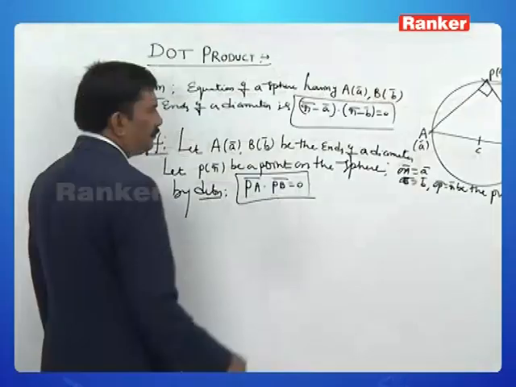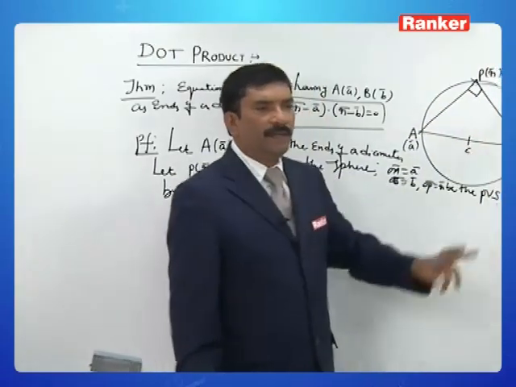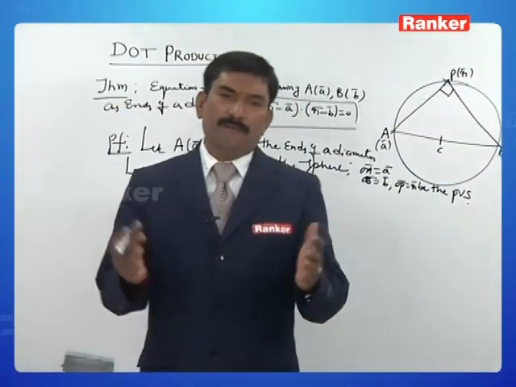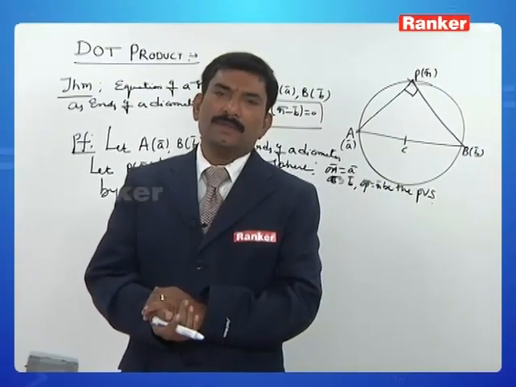Why? The angle between these two vectors is 90 degrees, so the dot product is equal to 0.